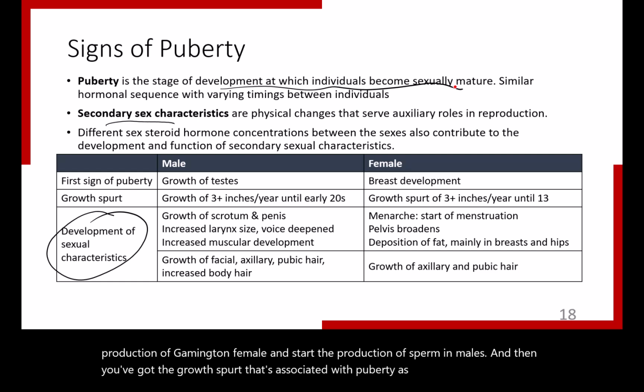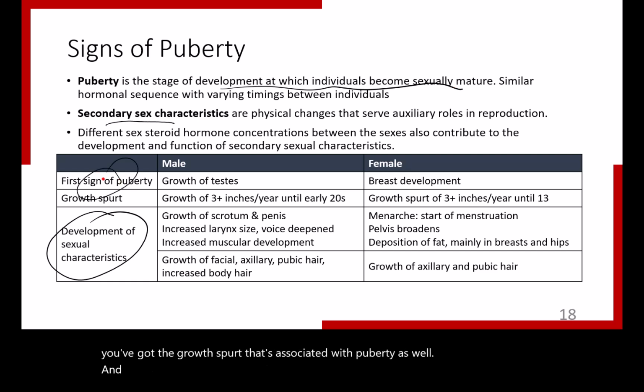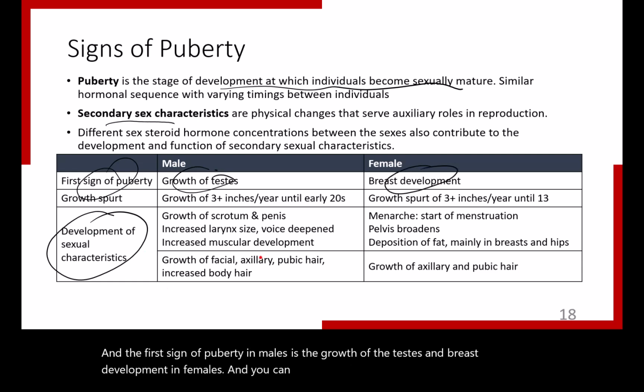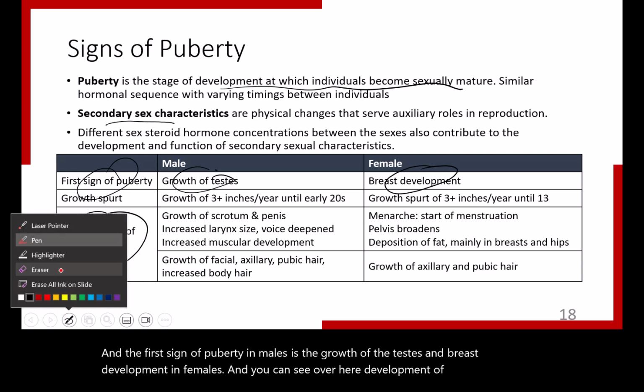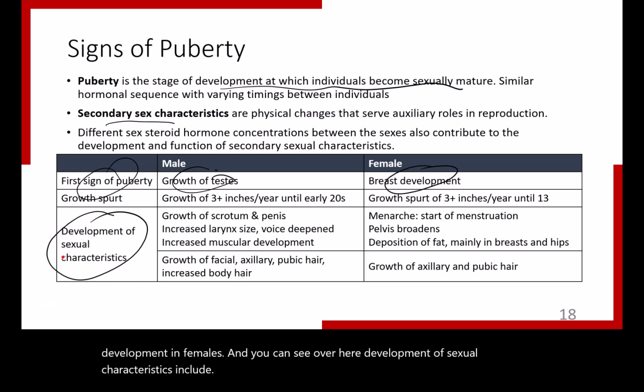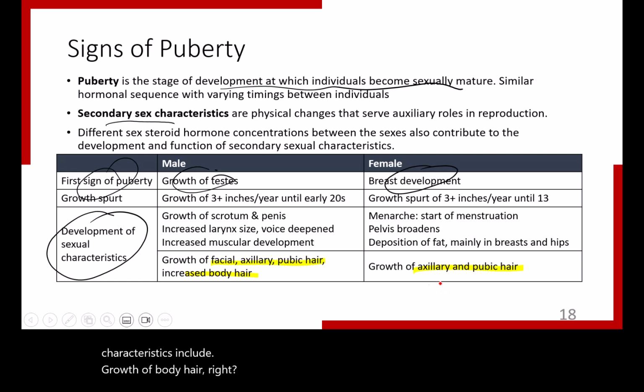And the first sign of puberty in males is the growth of the testes and breast development in females. And you can see over here, development of sexual characteristics include growth of body hair, right? Axillary and pubic hair in females, and the same and just general body hair and facial hair in males.